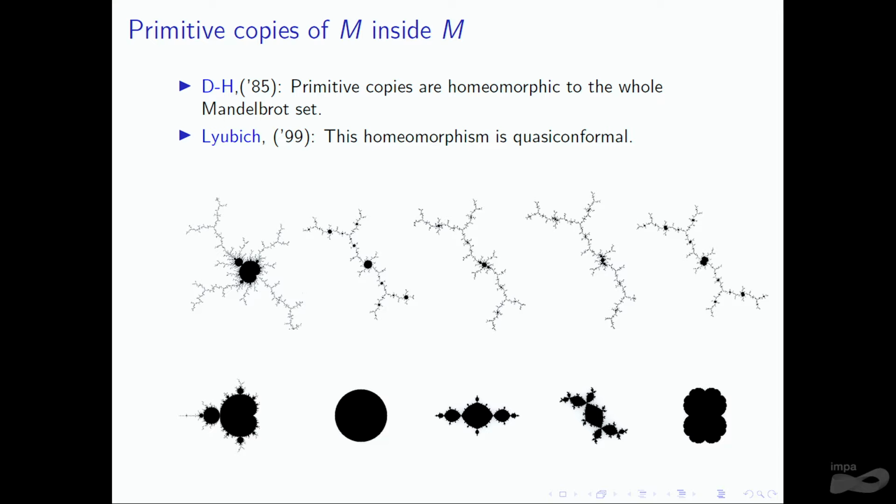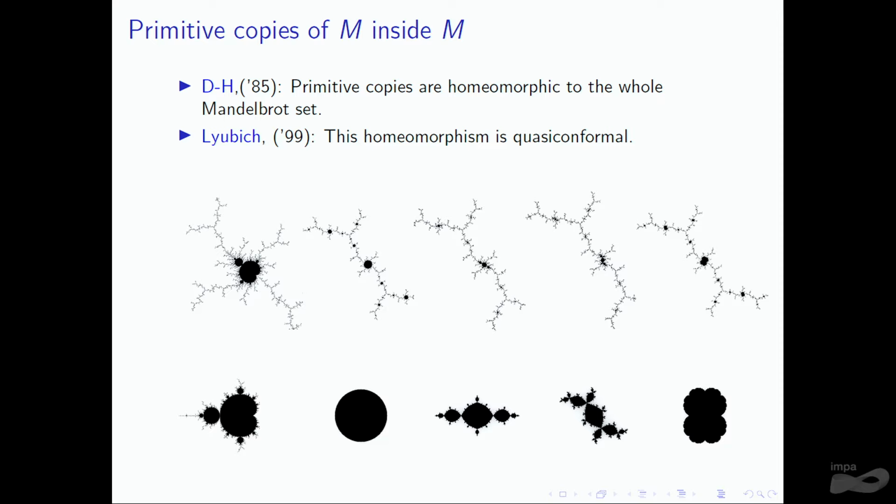Well, after you have a homeomorphism, you would like to know something about shapes, right? And it was already observed that this homeomorphism couldn't be a diffeomorphism because the multipliers are not respected. So then it was, okay, what can we hope for?